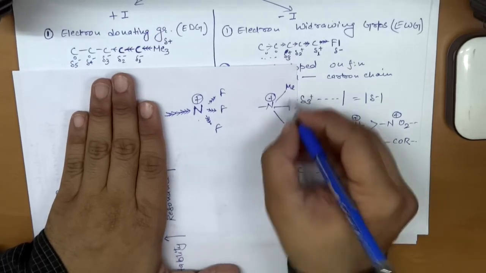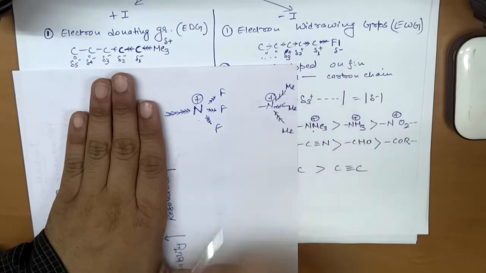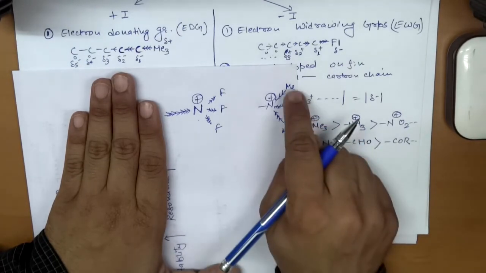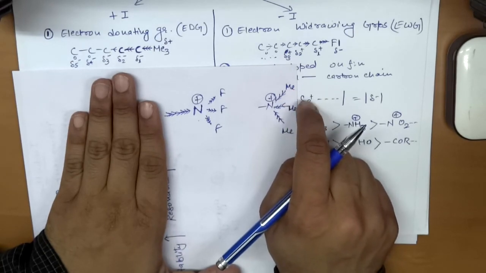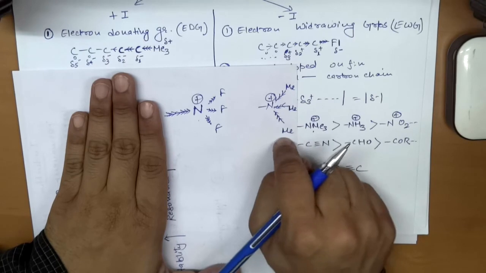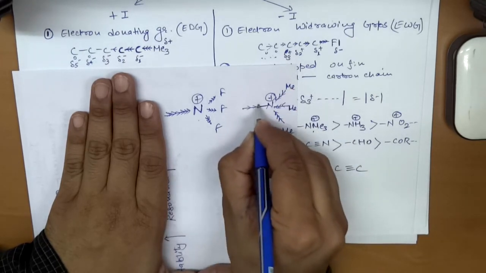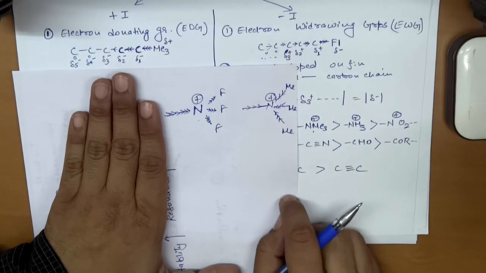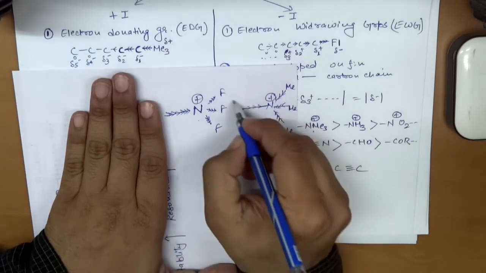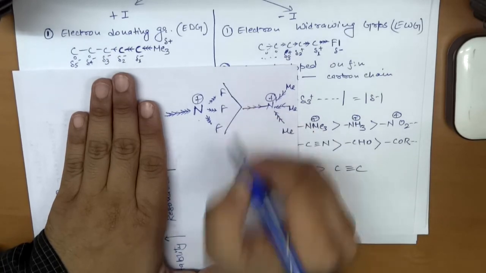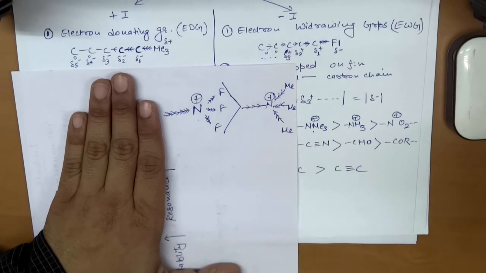It donates electrons to nitrogen. So a little bit of the hunger of electrons in nitrogen is being satisfied by these methyl groups. So it will be taking lesser food from the carbon chain. That's why this compound has a better electron withdrawing effect as compared to this one.